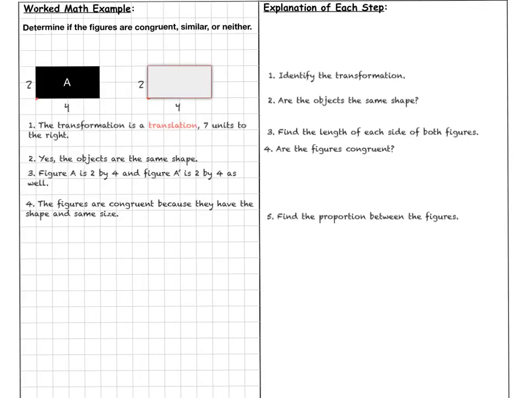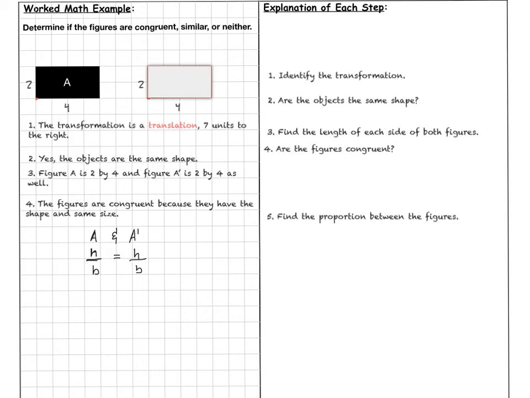Now you're going to find the proportion between the figures. So we're going to compare the proportion between figure A and figure A prime. To find the proportion, we're going to check the height divided by the base. And that needs to be equal to the height divided by the base of A prime.